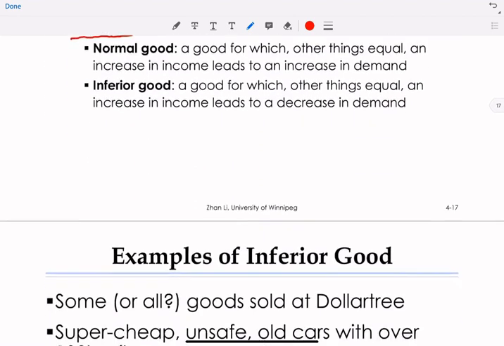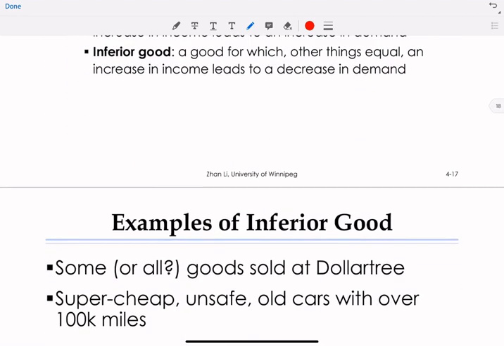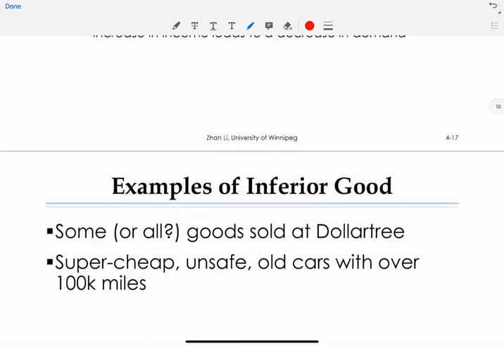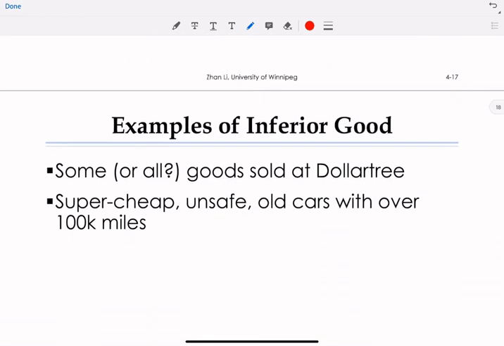Now, what are the examples of inferior goods? So here I have two examples for you. So first, you could think about some goods sold at Dollar Tree, right? So these are very cheap goods, right?